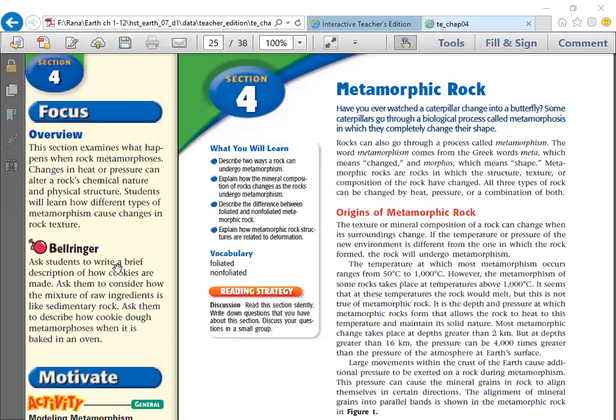The question is how these rocks could be changed into metamorphic rock. Yes, Maya? By heat and pressure. Yes, once they are exposed to extreme heat and pressure, their structure, texture, or even composition could change completely and turn into a new rock.